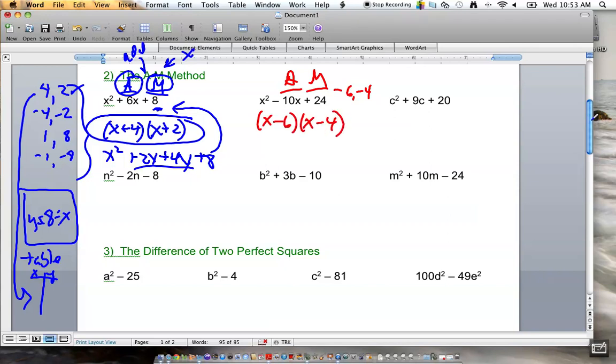Now, let's just say that you had difficulty with that. What can you do to find those factors? Get your graphing calculator out. If you do not have a graphing calculator at home, there's no excuse. Now, they are $100, and that's a lot of money. But almost everyone I know has either a smartphone or an iPad or a Kindle or maybe even a smartphone and an iPad.